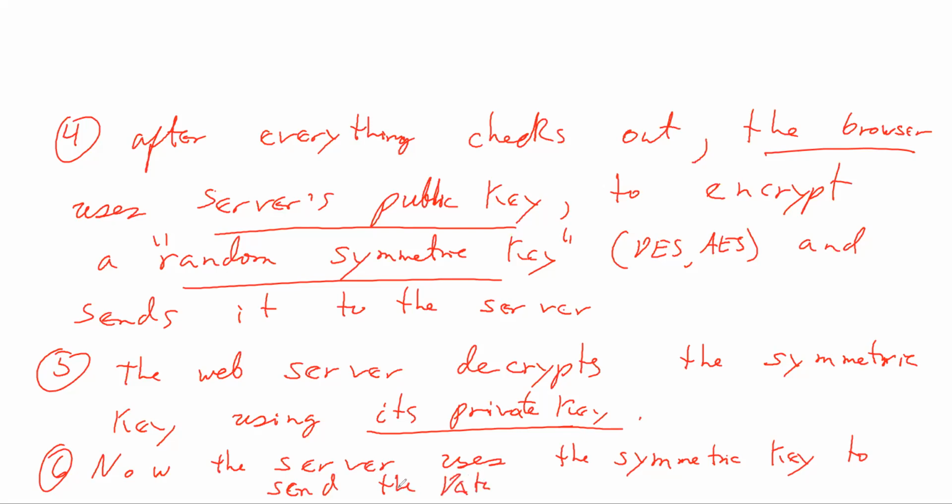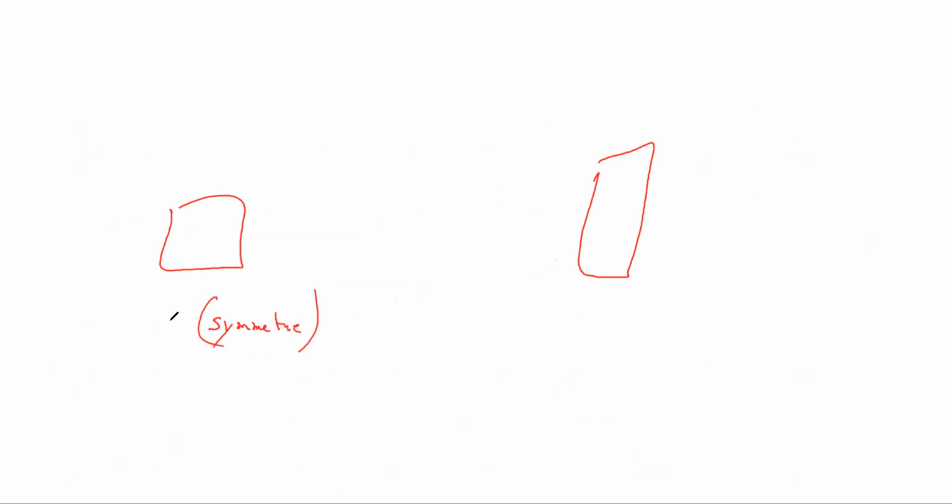Now keep in mind here that something can happen. And let me do a little graph here. So I have the client and the server, right? And let's assume that now I have the symmetric key that I'm going to send. So I have the symmetric, and then I'm going to encrypt it with the server pub.